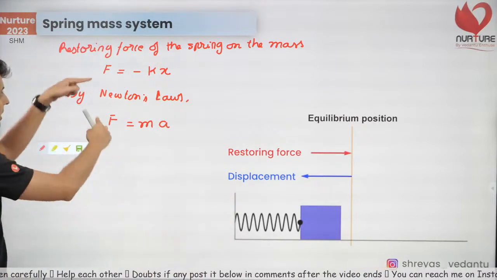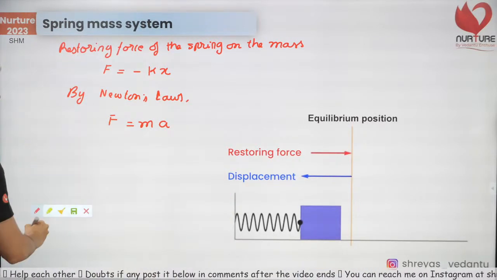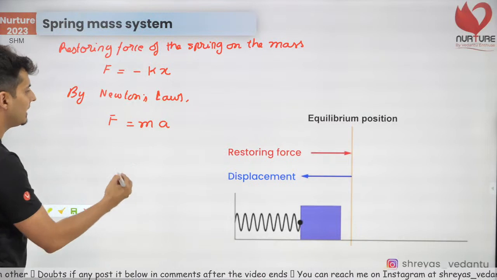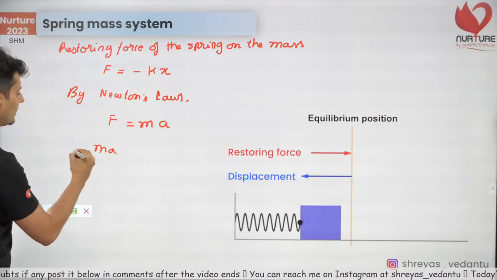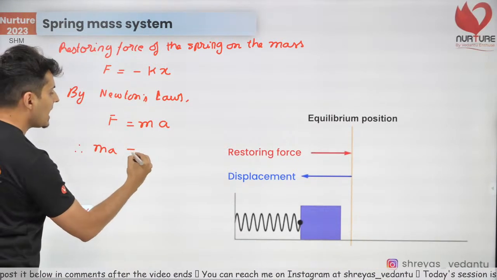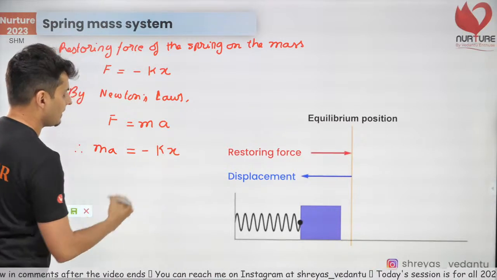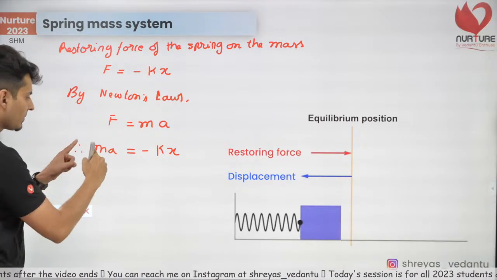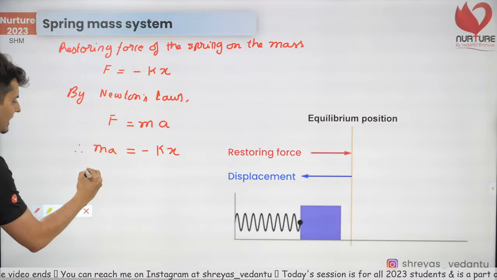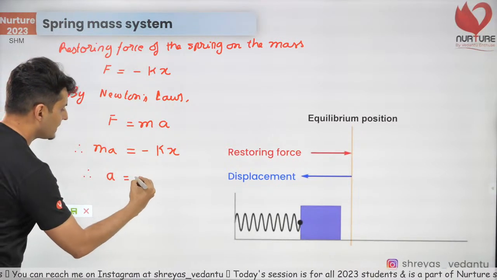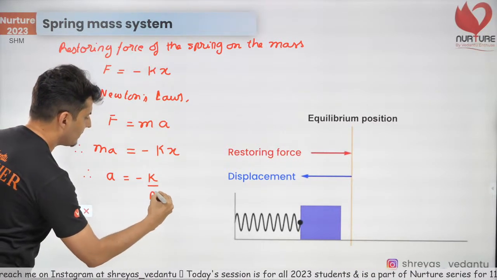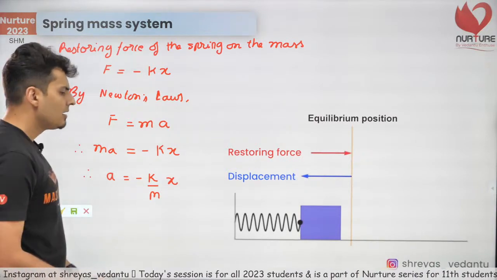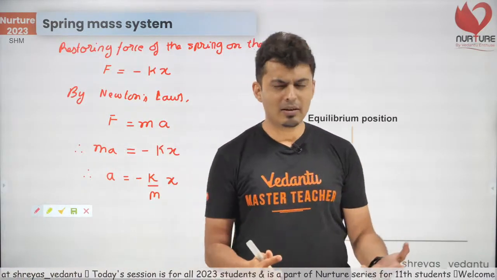Now, since the LHS is equal, how about this? I can equate the RHS. So therefore from the above two, ma is equal to minus kx. Interesting. Let's just shift m to the other side and see what we get. a is equal to minus k by m into x. Now I'll be like, okay sir, so what?